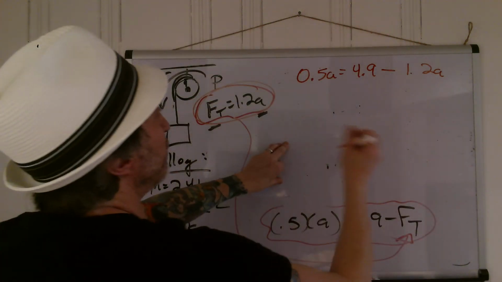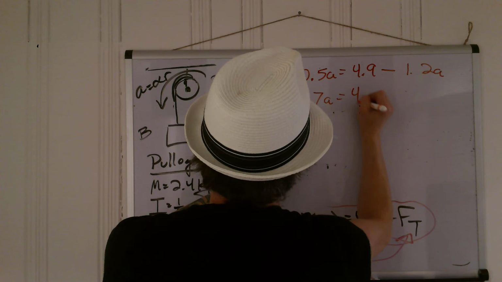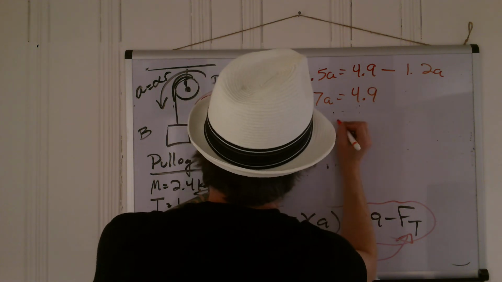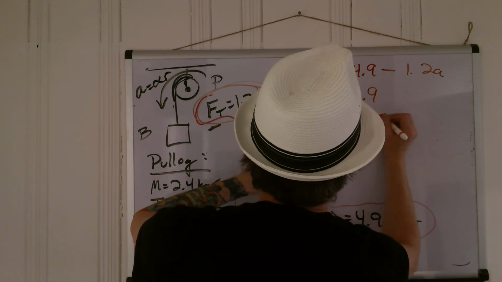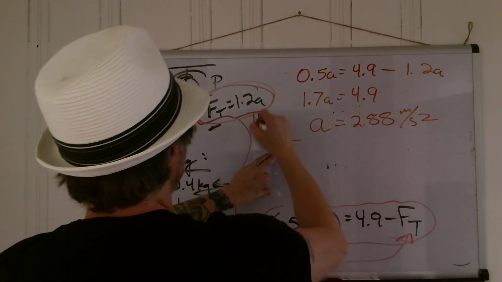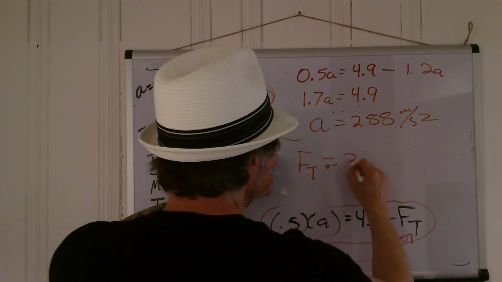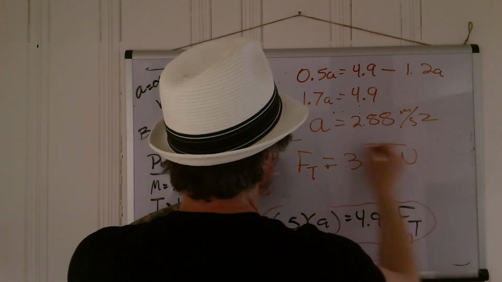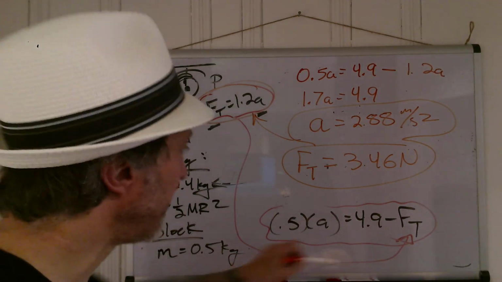So add 1.2A to both sides, and you get 1.7A equals 4.9. So we can solve for our acceleration. It turns out to be 2.88 meters per second squared. And now I can plug that in here to find that my tension is 1.2 times that, which gives us 3.46 newtons. Okay, so there we go.